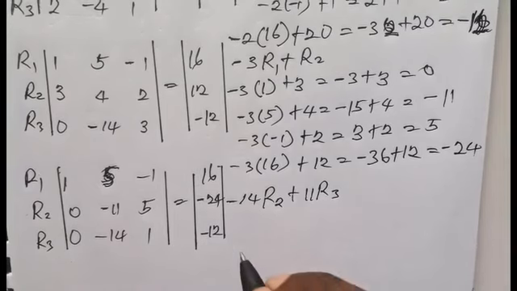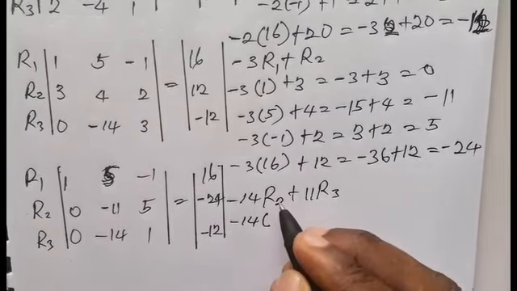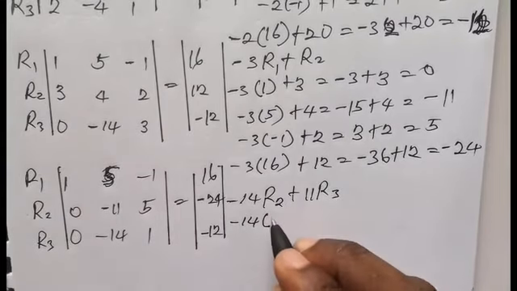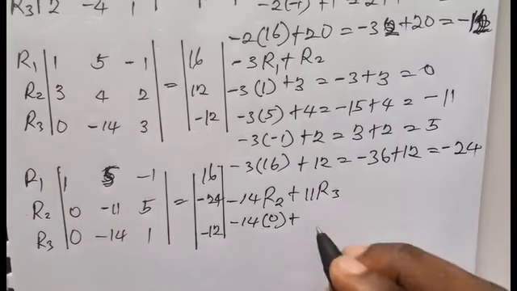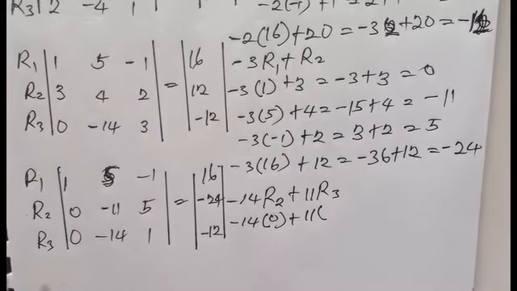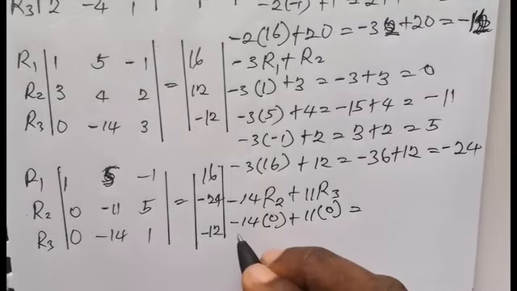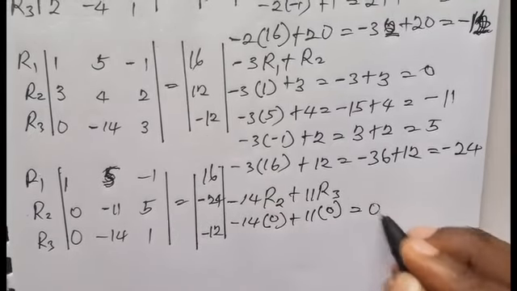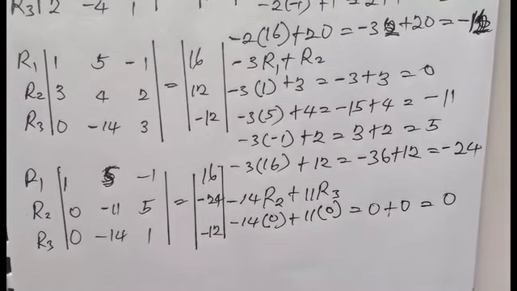For the first element, remember -14 times the first element in row 2, which is 0, plus 11 times the first element in row 3, which is also 0. This simply gives me -14 times 0 is 0, plus 11 times 0 is also 0, and I have this to be 0.